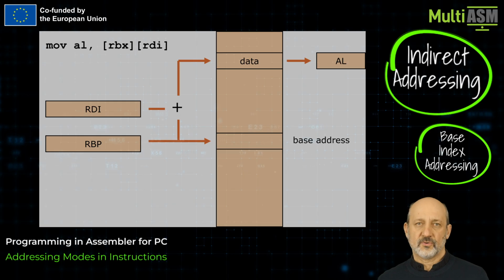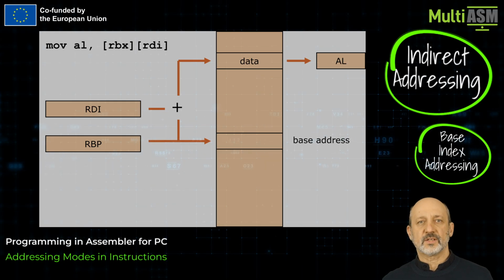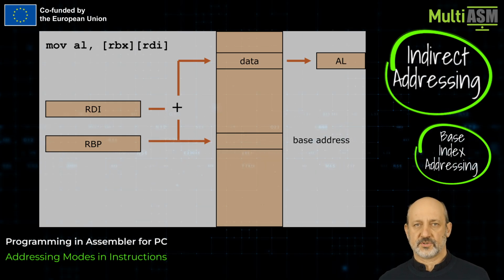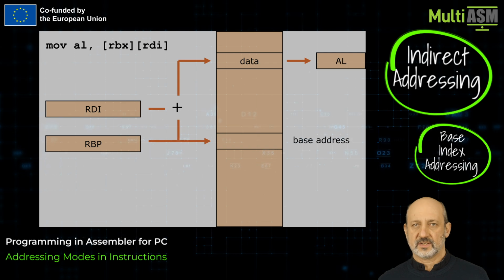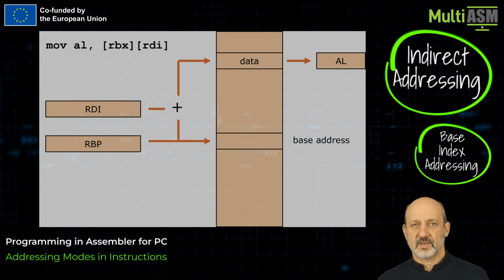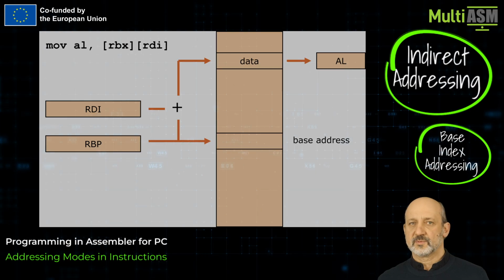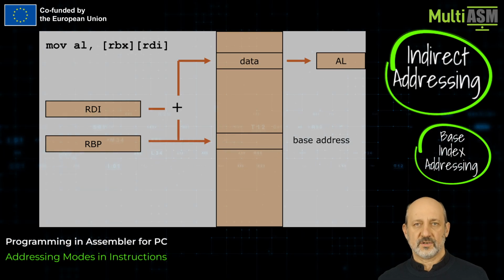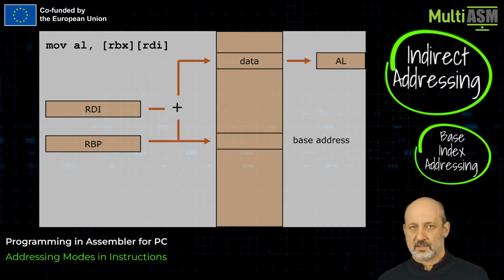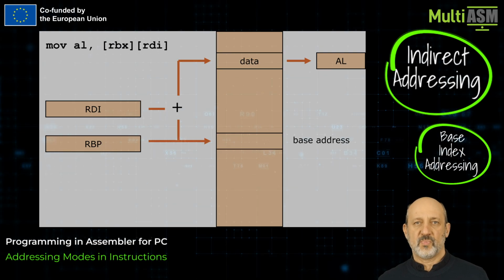In 64-bit processors, the first register used in the instruction is the base register, and the second one is the index register. Please notice two things. First, it is possible to use the same register as base and index in one instruction. Second, the stack pointer can be the base register only.